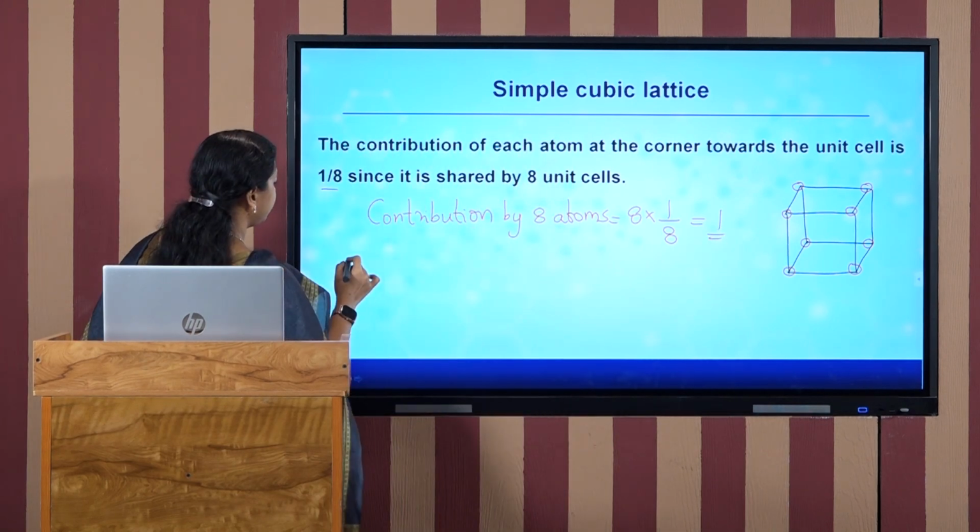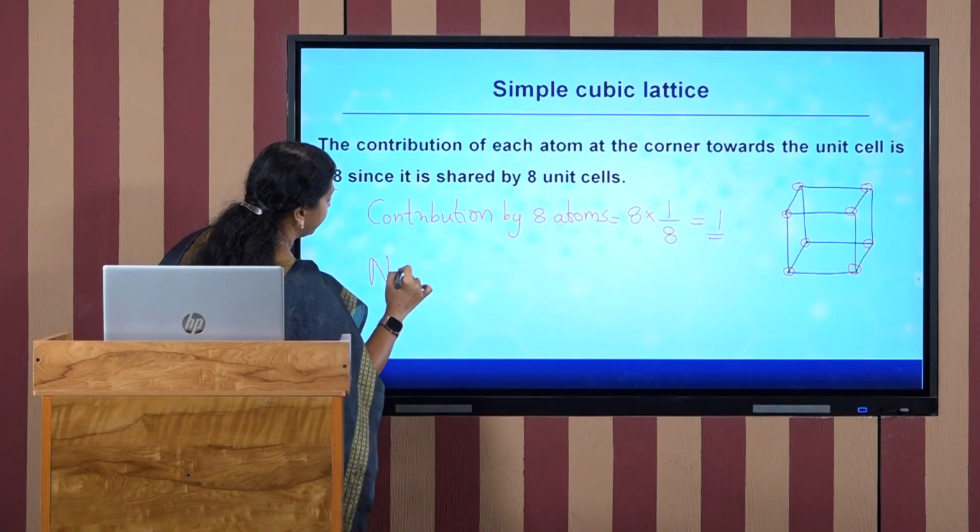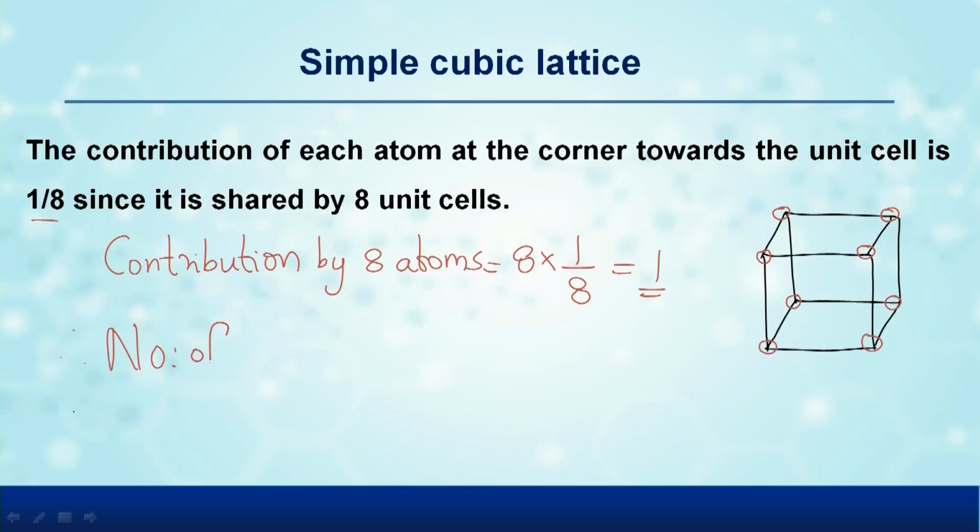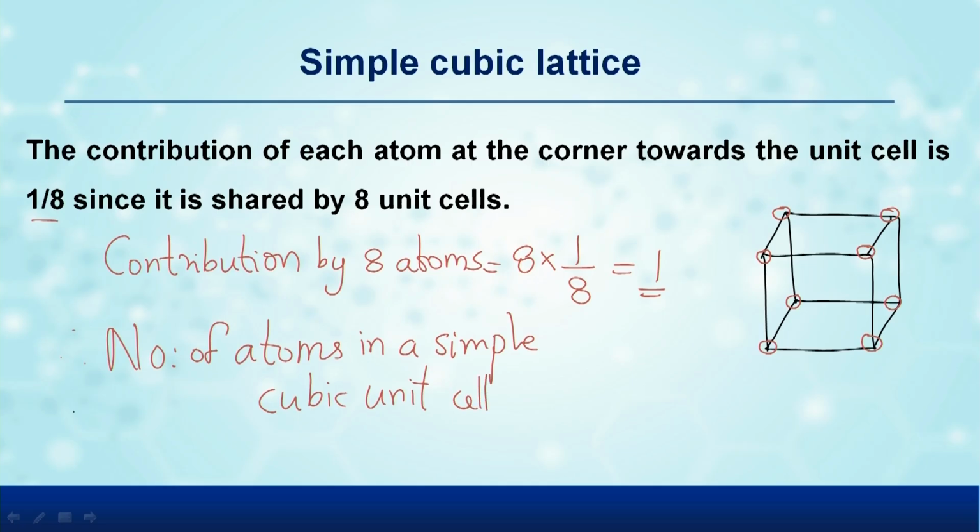Therefore, the number of atoms in a simple cubic unit cell, or a primitive cubic unit cell, is equal to 1.